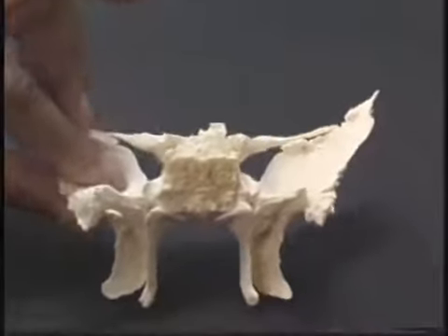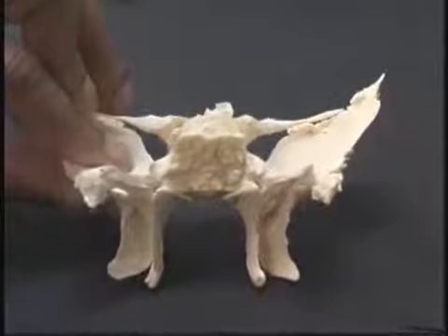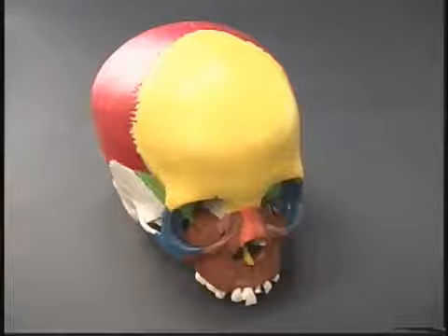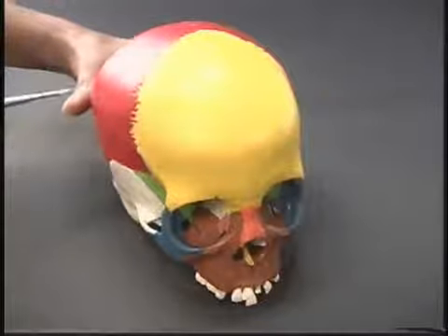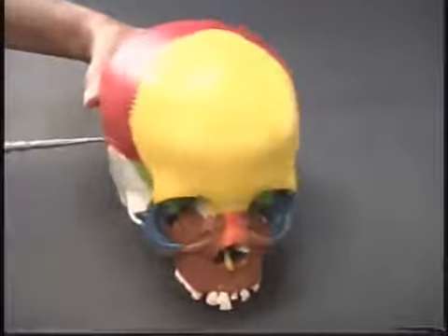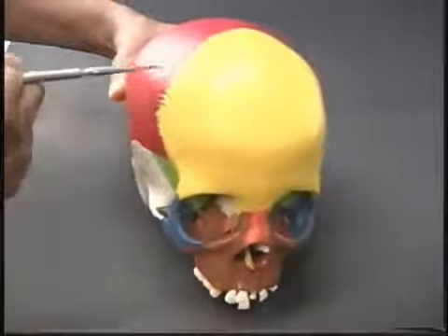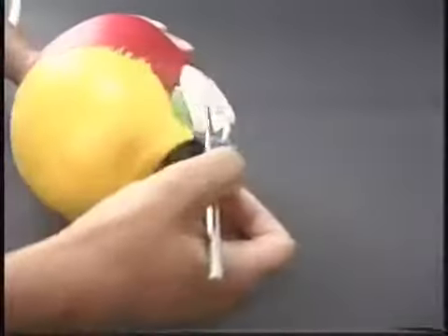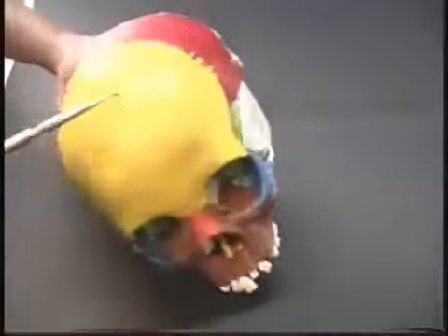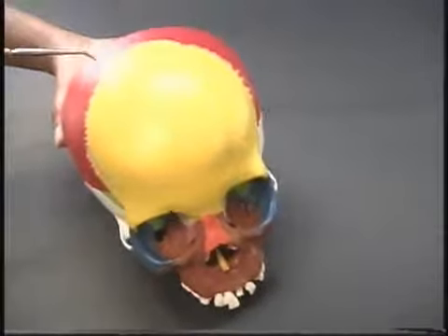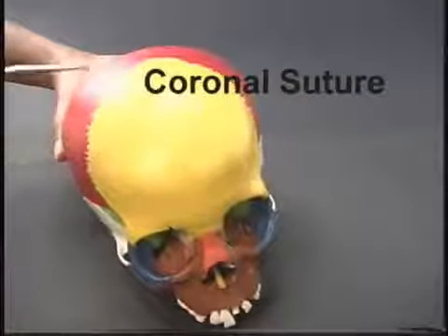That ends the demonstration of the sphenoid bone. So let me demonstrate the sutures which join these bones. This suture, extending from this end all the way up to here, joining the frontal bone with the two parietal bones, is known as the coronal suture.